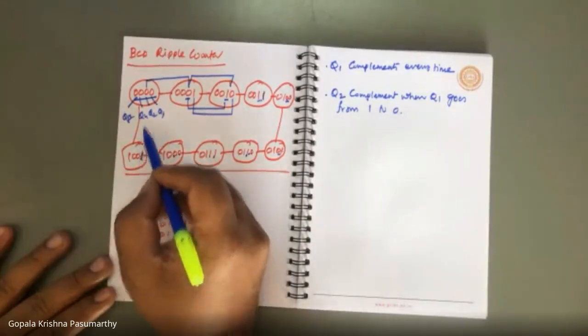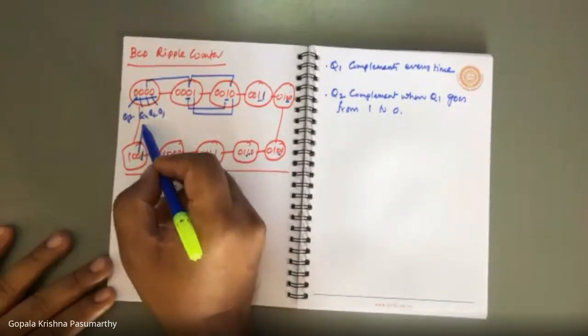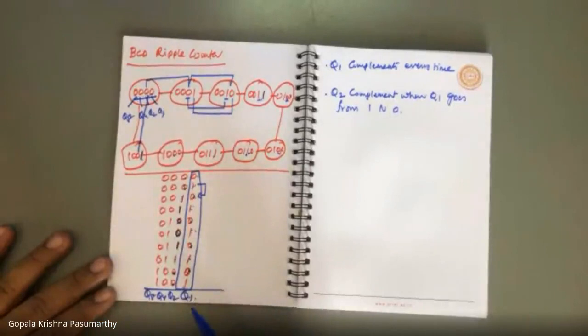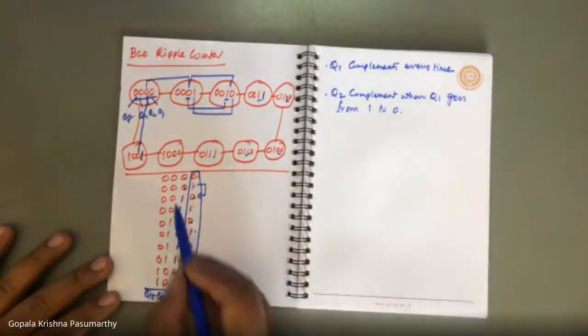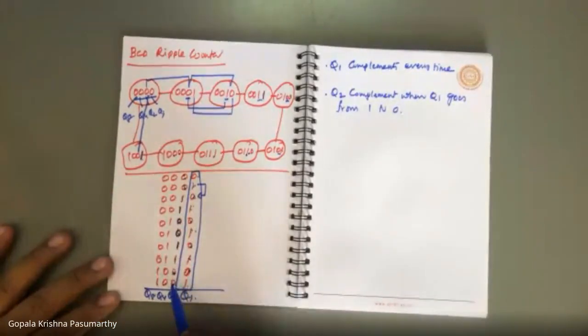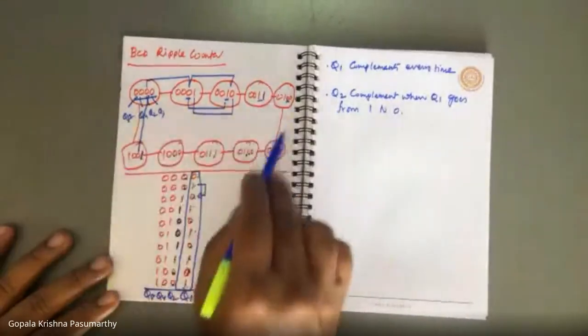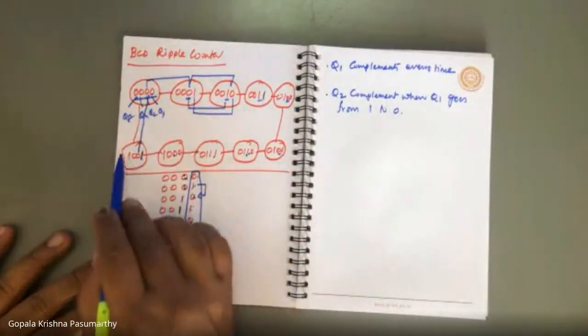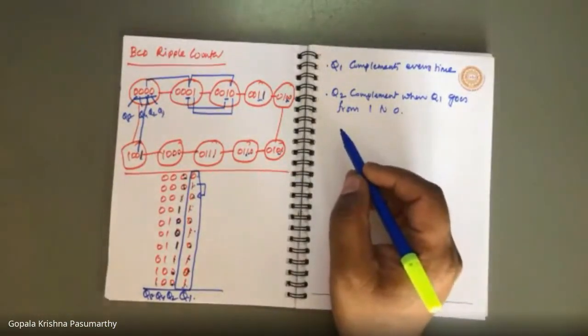See, when Q1 goes from 1 to 0, Q2 complements, but look here. When we are going from 9 to 0, Q2 is 0 to 0. Unfortunately, Q1 is going from 1 to 0. Means this rule holds till this place, but not at this place. So I want to write one more rule for Q2.